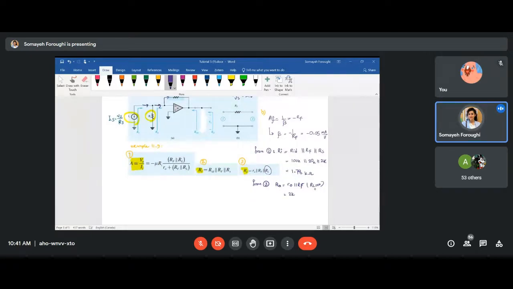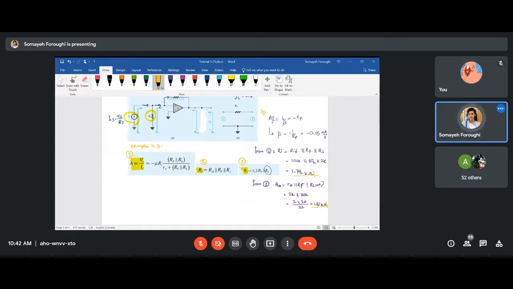So it's like 2K parallel with RF, which was 20K. It's like 2 times 20 over 22. It would be 1.81 kilo. So this is also the output RO, according to equation number 3.